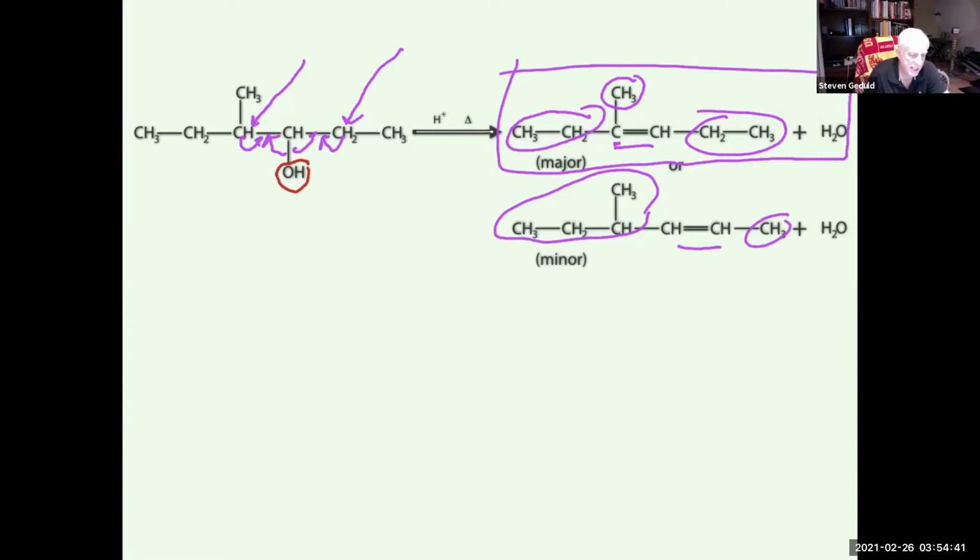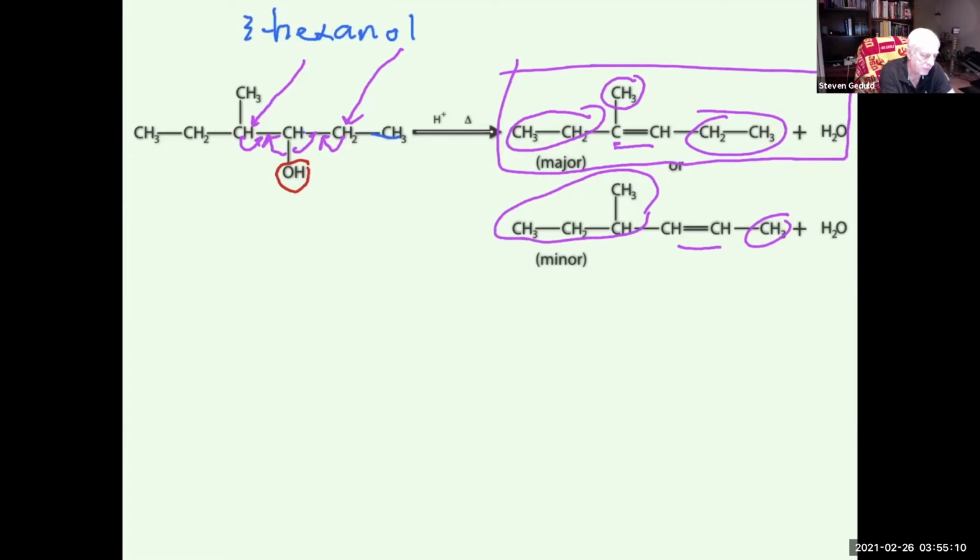Now we've got to name everything. What's the name of the alcohol? How many carbons? 1, 2, 3, 4, 5, 6 carbons, right? So it's hex, all single bonds, ol. And the OH is at the, where do we at? 1, 2, 3 position. 3-hexanol.